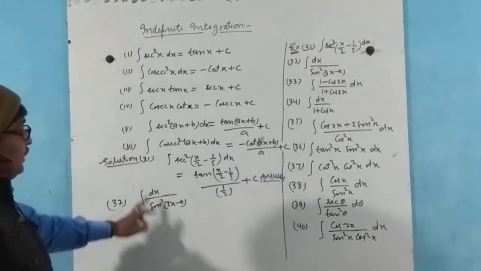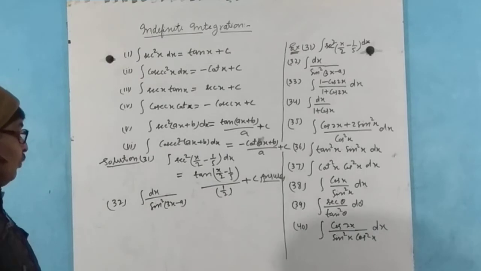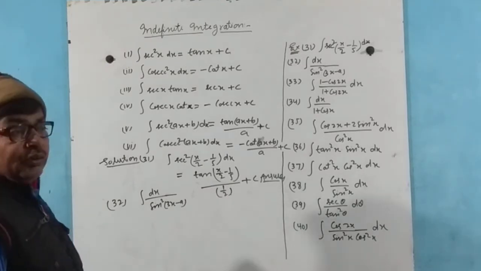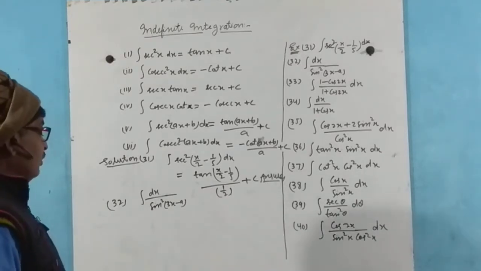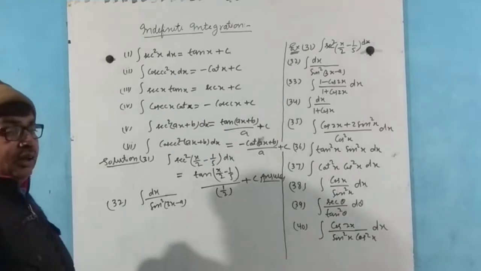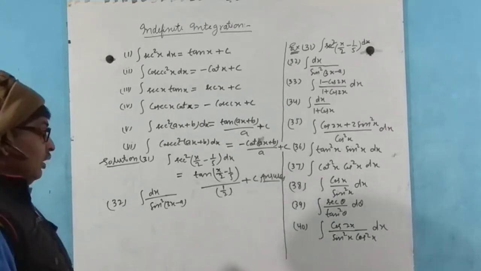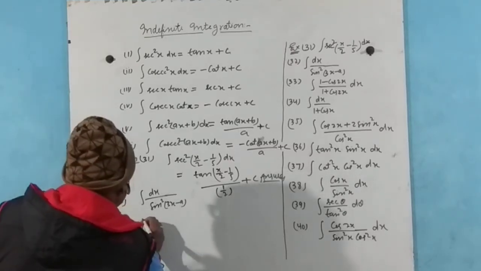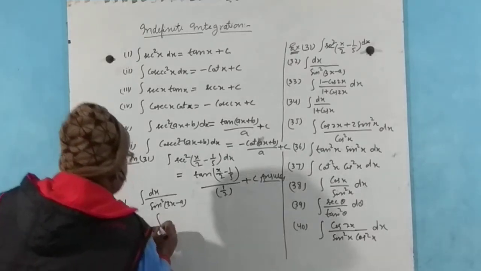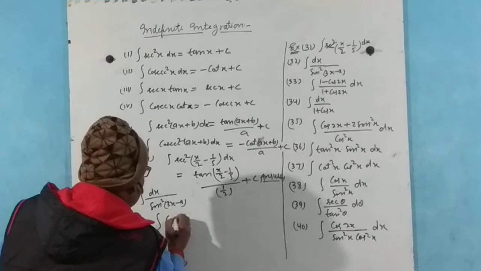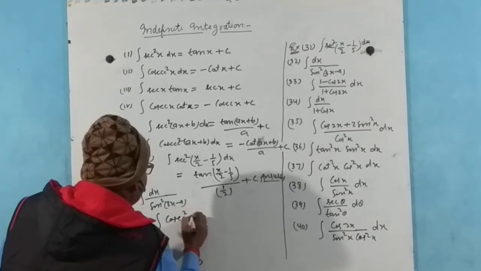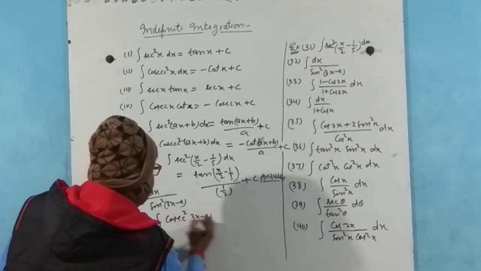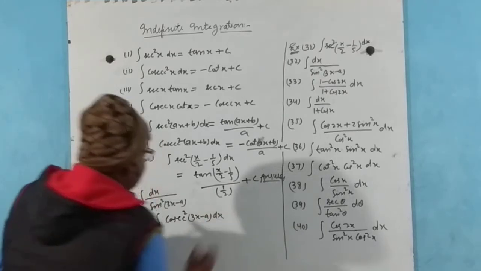This can be written using 1 by sin x equal to cosec x, because sin x and cosec x are reciprocal to each other, so it is integration of cosec square (3x minus a) dx.